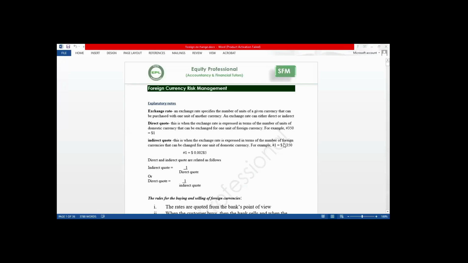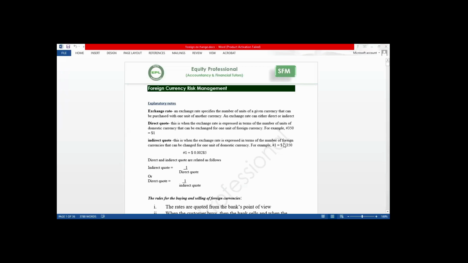Now, these exchange rates can either be stated directly or indirectly. There are two types of exchange rate quotation. We have direct quotes and we have indirect quotes.